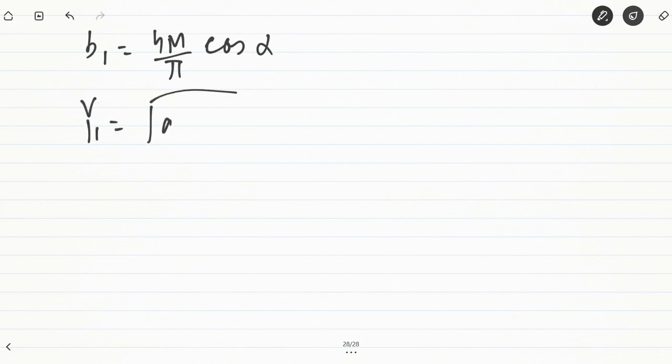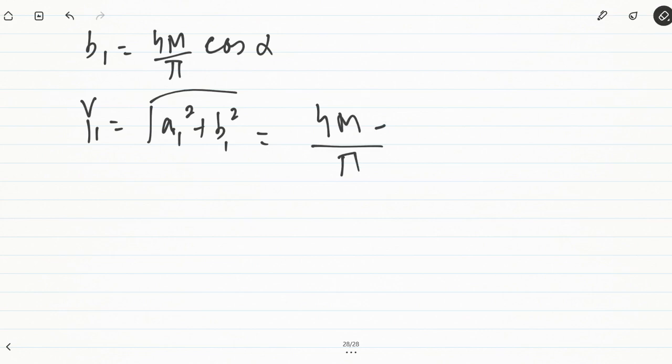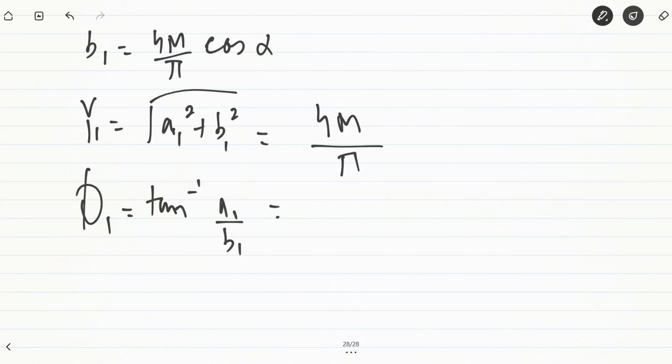The magnitude of y1 is the square root of a1 squared plus b1 squared, which is the square root of (4m by pi sine alpha) squared plus (4m by pi cos alpha) squared. That actually is 4m by pi. Similarly, the angle phi1 will be tan inverse of a1 by b1, which gives minus alpha.